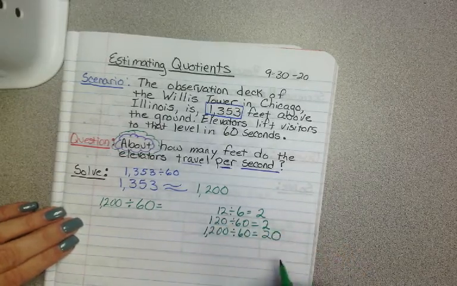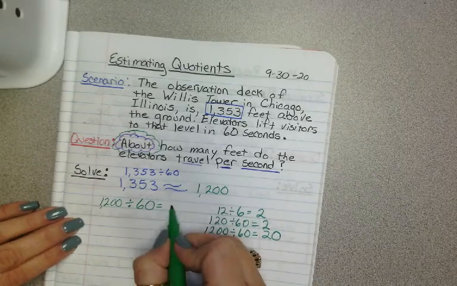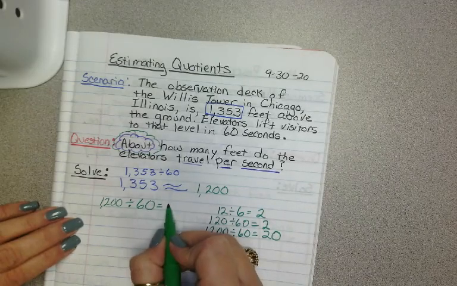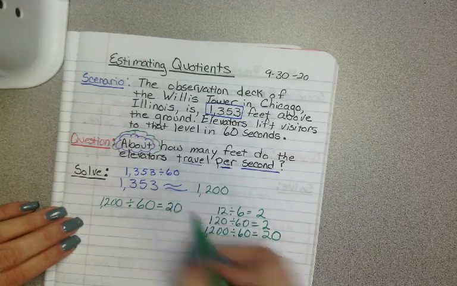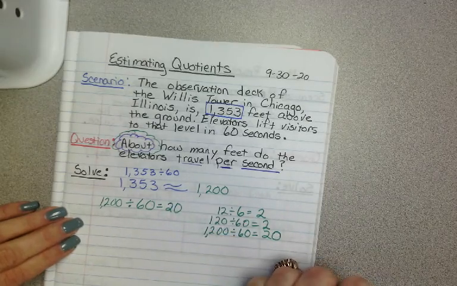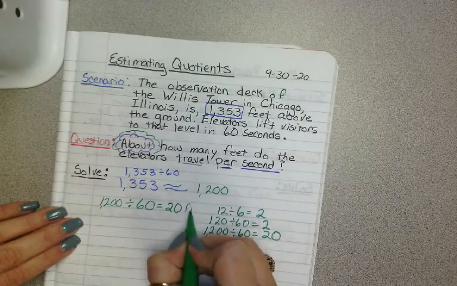Our rounded estimate quotient would be 20 feet per second.